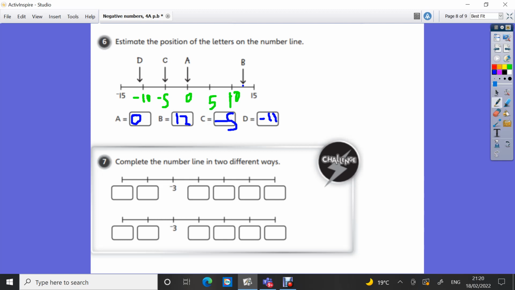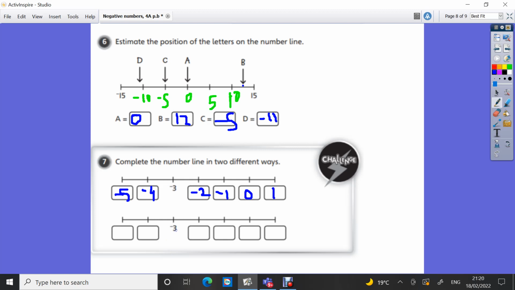Okay, now this is the number line. Complete the number line in two different ways. Okay, -3, and I can say here -2, -1, 0, and 1. I can write here -4, -5. But another way, I can even skip count by 2.